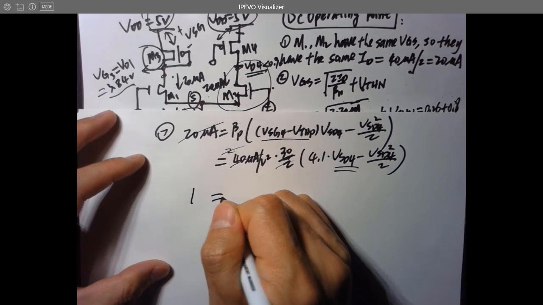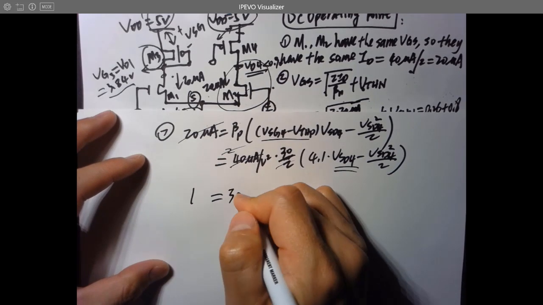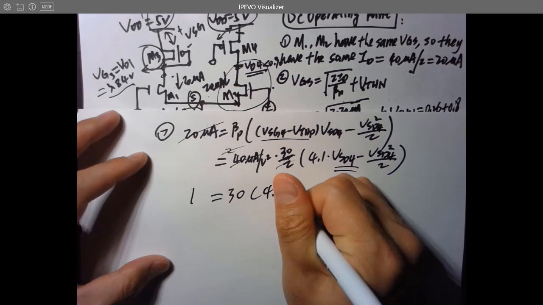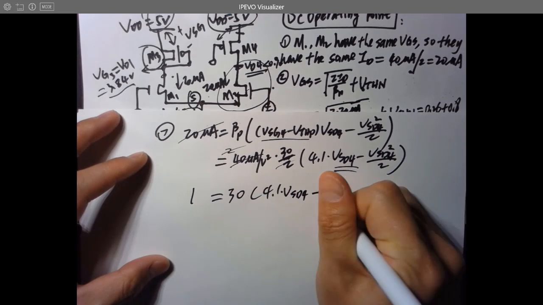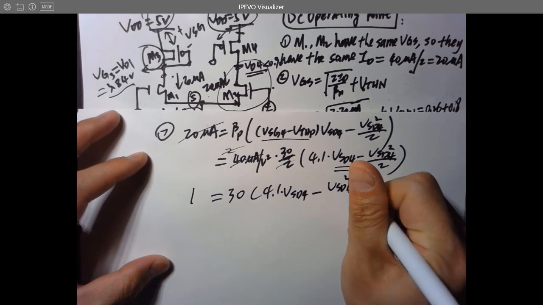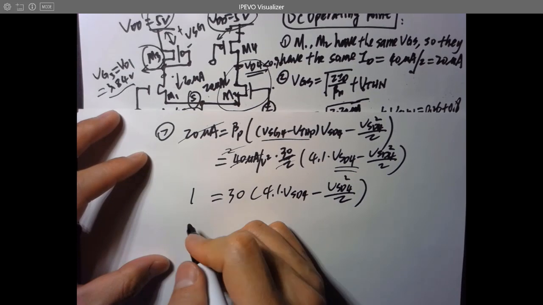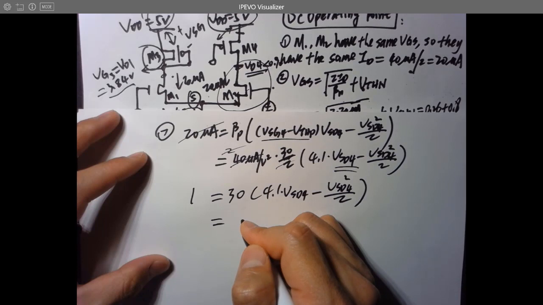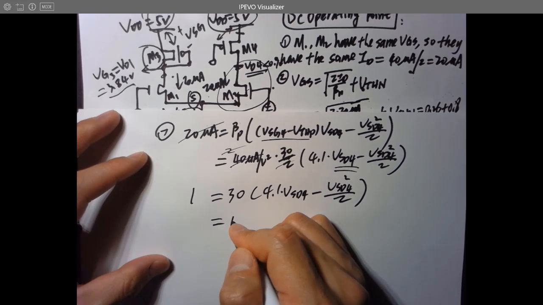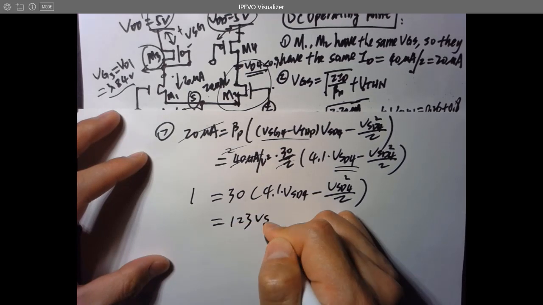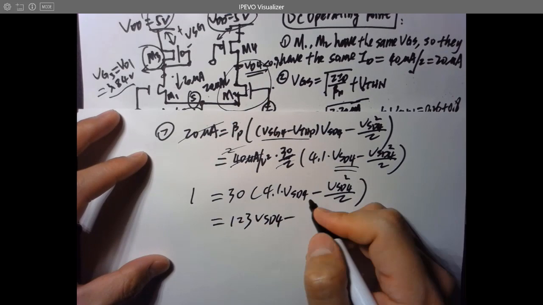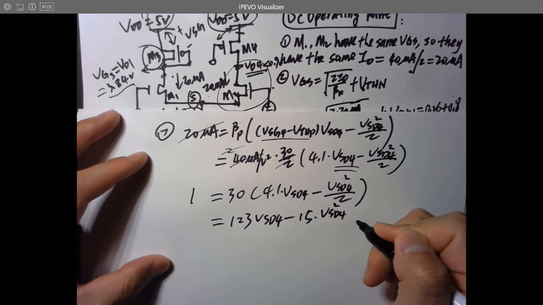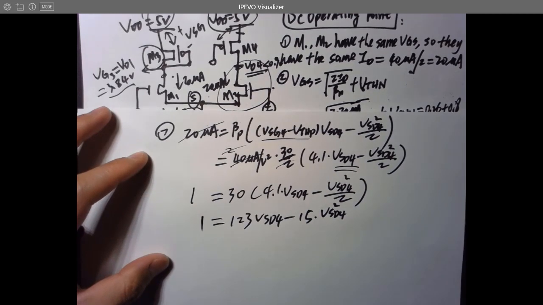So it's going to be 30 times (4.1 VSD4 minus VSD4 square over 2), and this will be 123 VSD4 minus 15 VSD4 square equals 1.